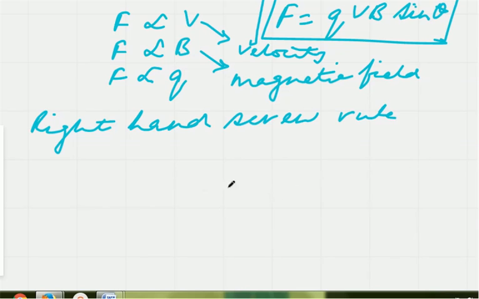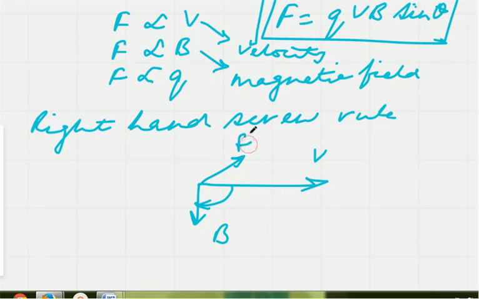If my velocity is in this direction and B is in this direction, now if I move a screw from V to B, the screw will go inside. So the direction of the force will be this, F. This is the right hand screw rule.